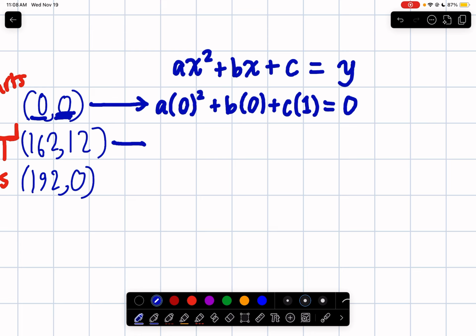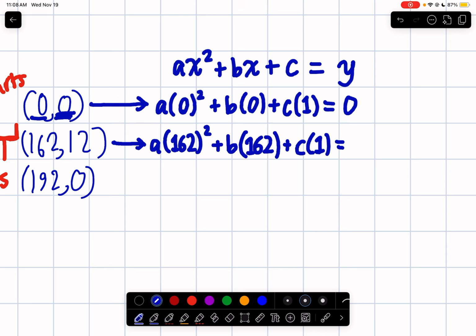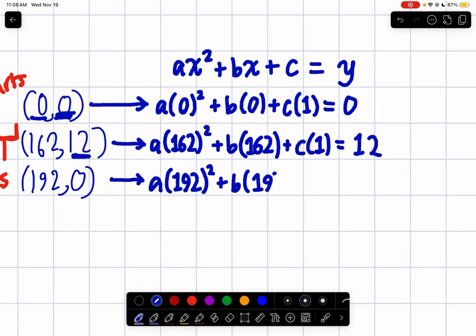Likewise, here I'm going to have a times 162 squared plus b times 162 plus, again, c times 1 equals now 12. And then here, a times 192 squared plus b times 192 plus c times 1 equals 0.